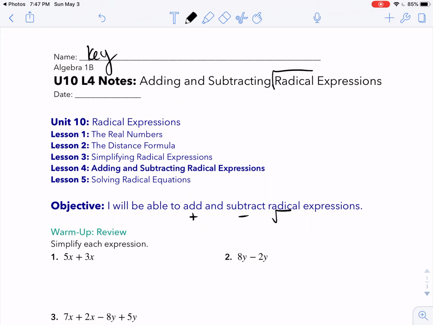Now that we have both of those, we're going to put those together following those same steps. So here you'll see again we have x's in common. So we're going to factor the x out, leaving us with just 7 plus 2 times x. And then we have negative 8 plus 5 times y.